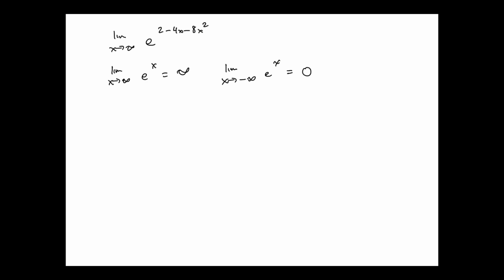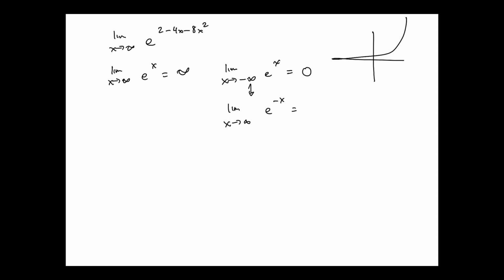The graph of e to the x looks like this. Another way to say this is to ask what is the limit as x goes to infinity of e to the minus x, where I just move the negative from one place to the other.